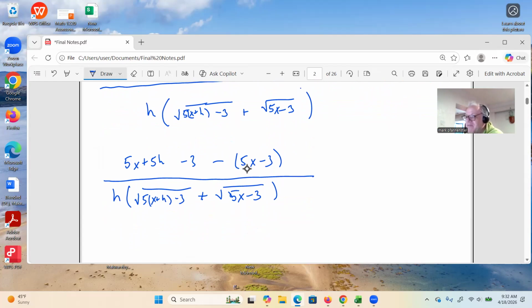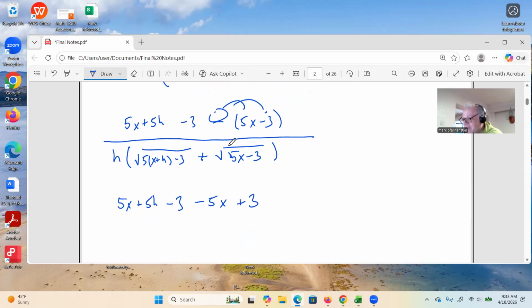All right, let's go ahead and distribute this negative sign into everything I have to deal with here. So we have 5x plus 5h minus 3 minus 5x. Negative times negative is a plus 3. And we have to divide by h times the square root 5x plus h minus 3 plus square root 5x minus 3.